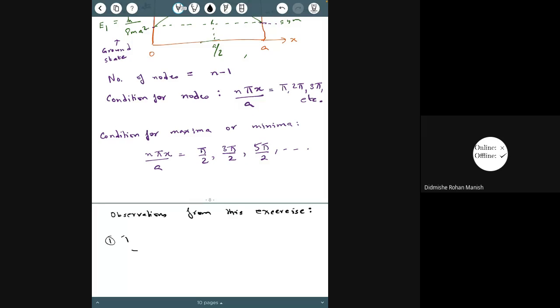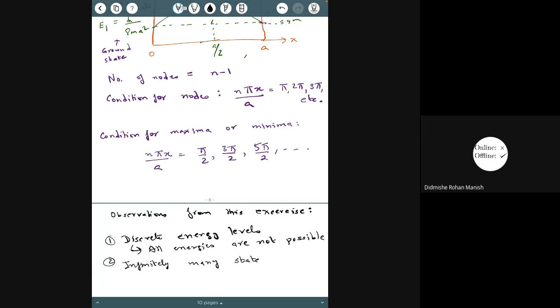We get discrete energy levels, which means that all energies are not possible. So this is definitely a quantum system. 2. There are infinitely many states.